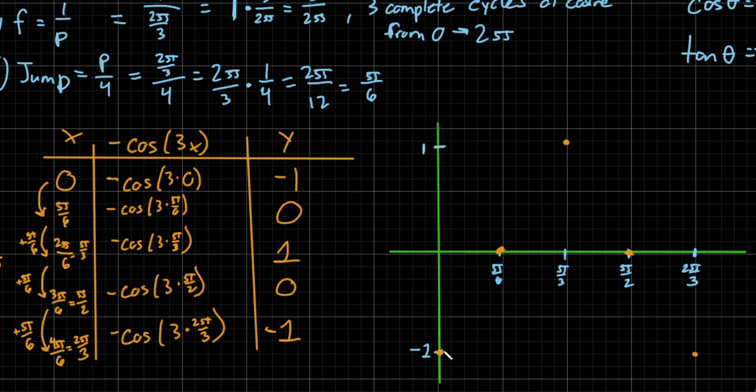You're done. Graph another full cycle. Graph all your cycles until you get to 2 pi.